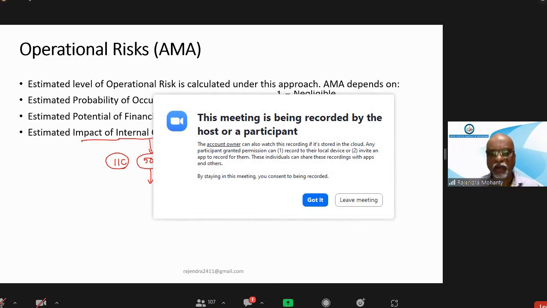Otherwise, in normal conditions of banking, no bank can go beyond 70%. So basically, IIC never exceeds 70%. Okay, and this is given, so basically it should be given by the bank. So this PO, probable occurrence, or PFI, can be represented with a risk score 1 to 5, or it can be represented as a percentage also.